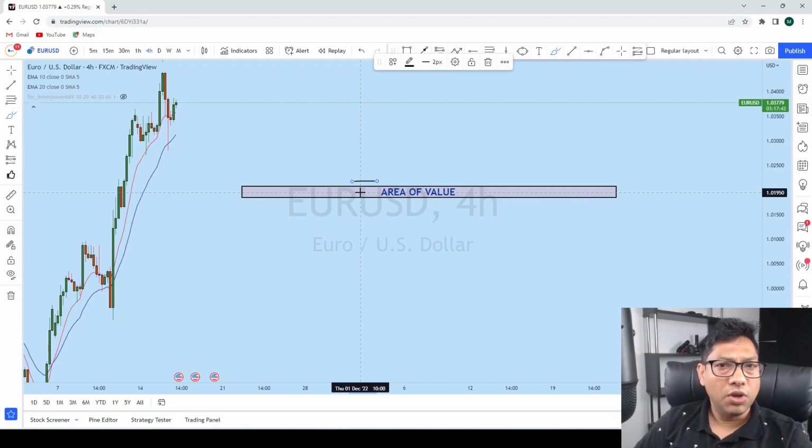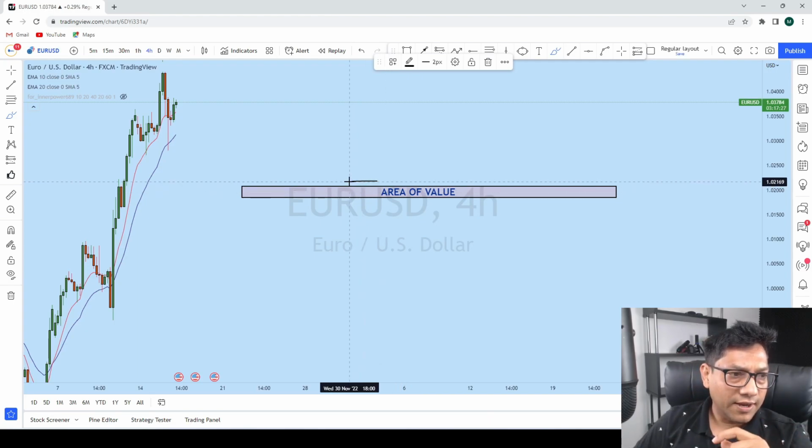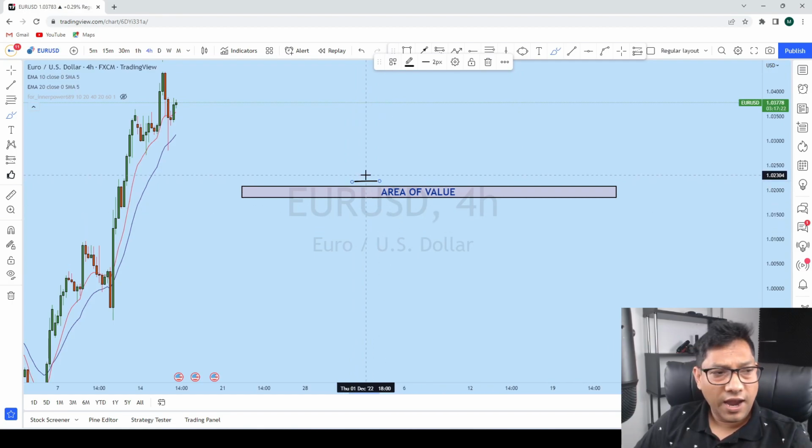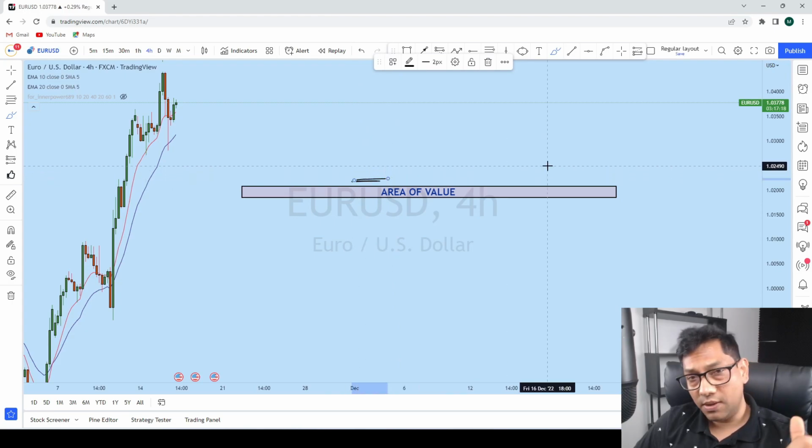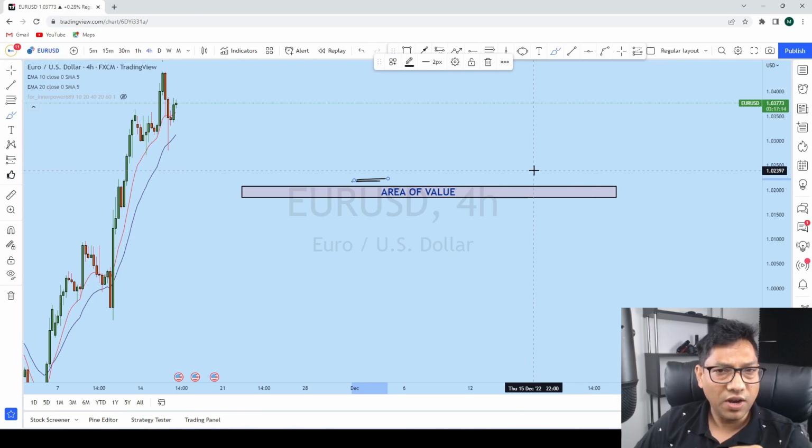Why? Because as you know, 90% of traders lose money, only 10% make money. That means 1 out of 10 makes money, 9 lose money. The reason is everyone thinks that the stop loss should be above the area of value, and because everyone thinks that, everyone puts their stop loss above the area of value, and only the smartest do something differently.